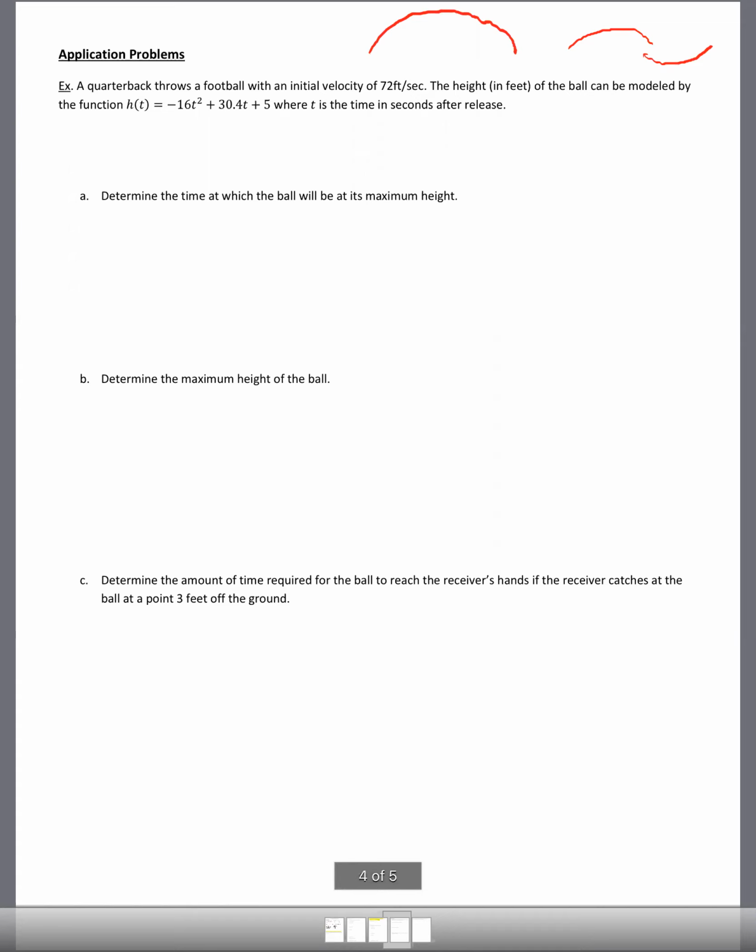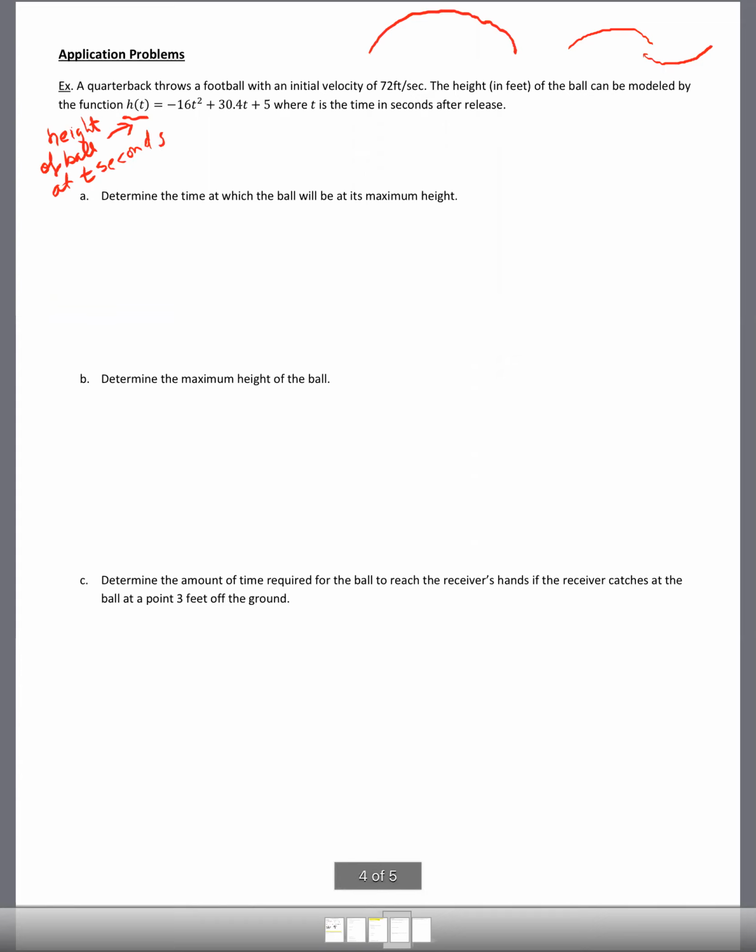The height in feet of the ball can be modeled by this function. So this h right here, according to the words, tells me this is the height of the ball. And if you read on, it says where t is the time in seconds. So this is the height of the ball at t seconds. That's what h of t means.